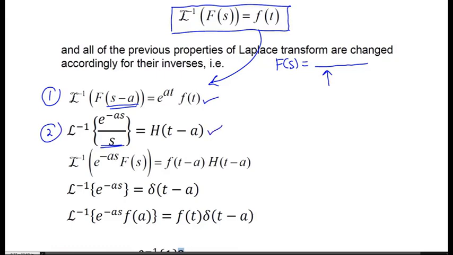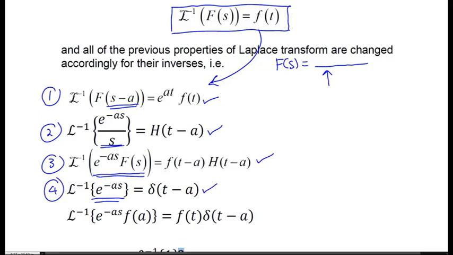Then you check whether F(s) is e to the power of negative as over s, so your answer should be f(t minus a) times the Heaviside of t minus a. If your F(s) is e to the power of negative as, then your answer should be delta(t minus a).